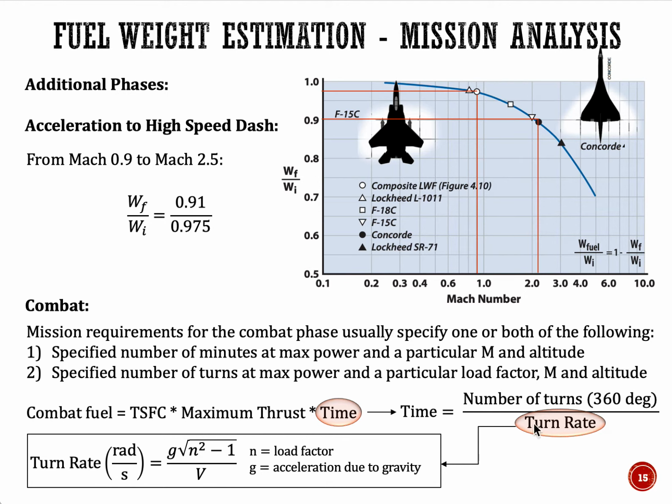And depending on the maximum number of turns you can do, you can calculate the turn time. And from there, depending on the type of engine you have and the thrust specific fuel consumption, you can estimate the combat fuel. So you're basically going backwards. This is again something that you may need to estimate if you have combat in your mission.